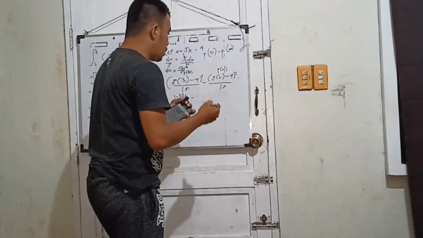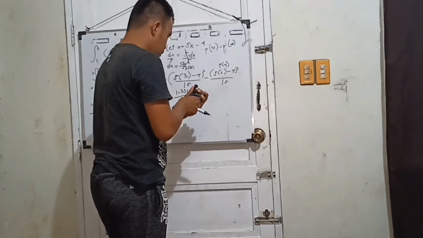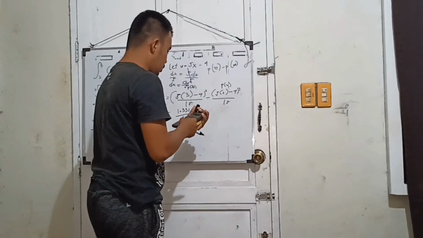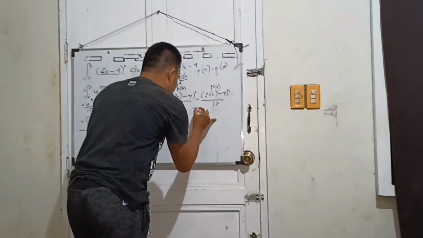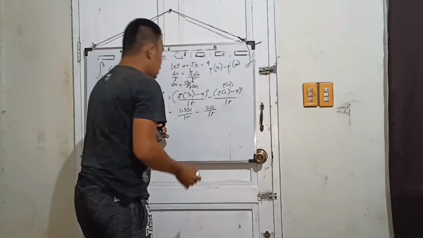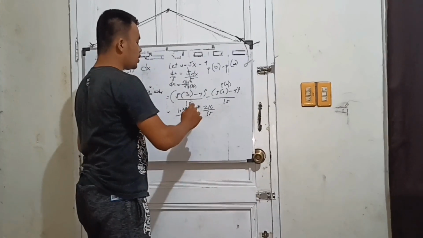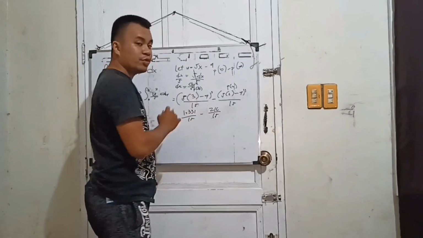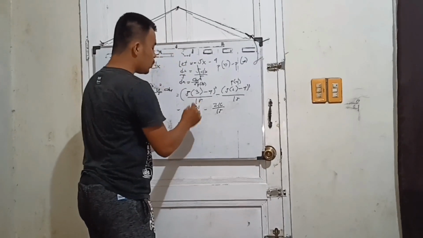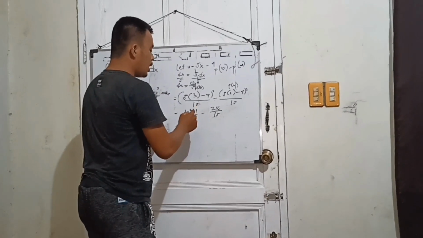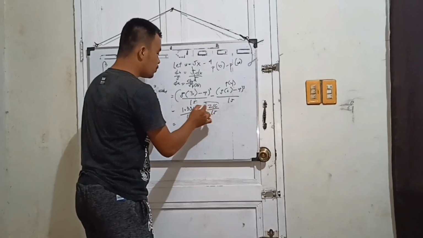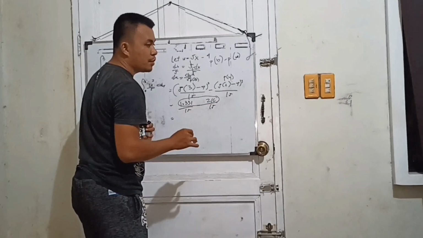We will solve the F of a now. 5 times 2 minus 4 raised to the third power is 216. Copy the denominator, 15. So now, 1,331 over 15 minus 216 over 15. When you are solving fractions with the same denominator, you only subtract the numerators and copy the denominator.